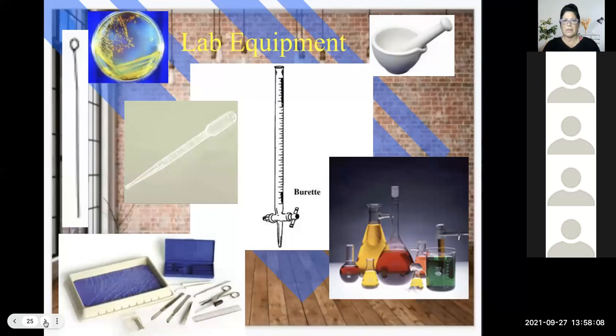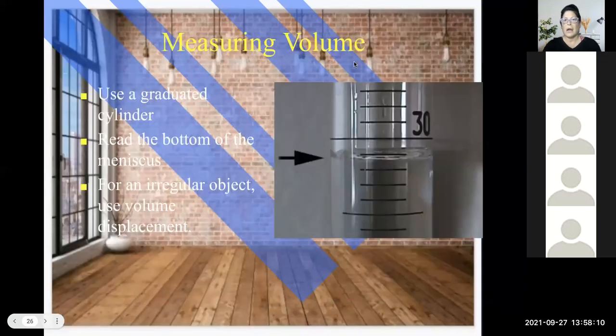So lab equipment. Let's look at the lab equipment. When you're measuring liquid, to get the most accurate measurement, you're going to use a graduated cylinder. The graduated cylinder must be read at the bottom of the meniscus.